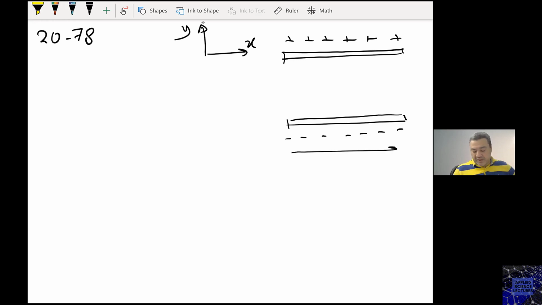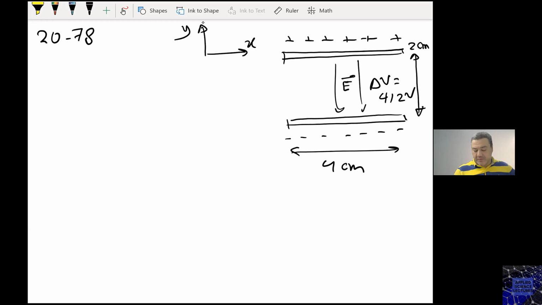So this is 4 centimeters. This is 2 centimeters. Delta V here, 412 volts. Electric field will be pointing in this direction. Electron will be entering here, coming with its initial velocity, starting from rest. So let me call this one V1, 0.